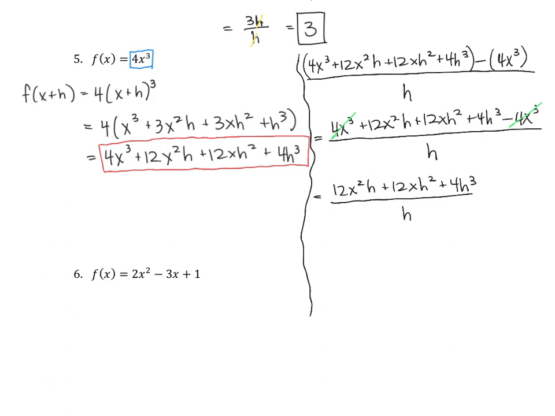And so now notice that every single term has an h, so I can divide that out. So that'll give me 12x squared plus 12xh plus 4h squared. That would be my difference quotient for number 5.